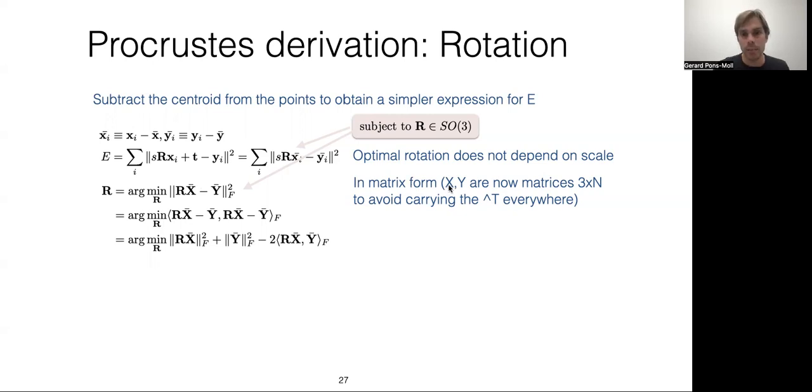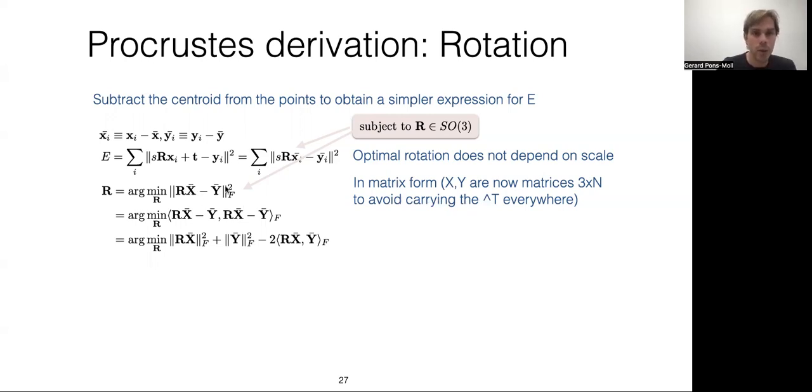Now, I did a little cheat in notation, because I didn't want to carry the X transpose everywhere. So I took the liberty to define X and Y as matrices that are now 3 times n. This allows us to not have to carry the transpose everywhere. So now the matrix is 3 times n.